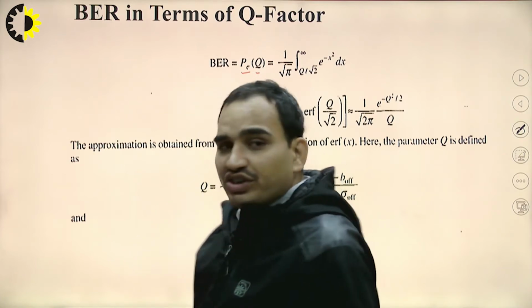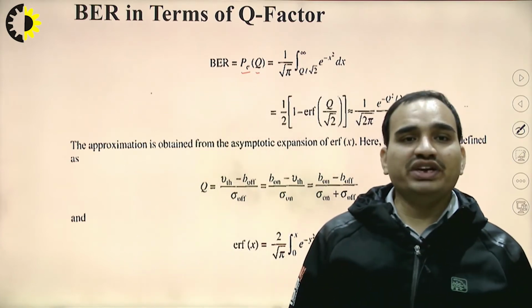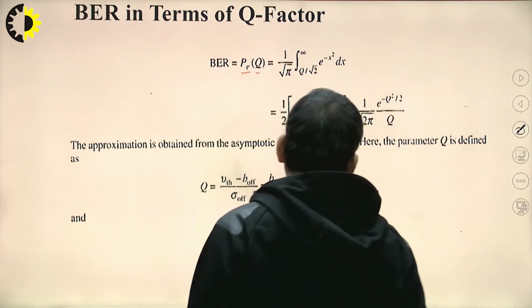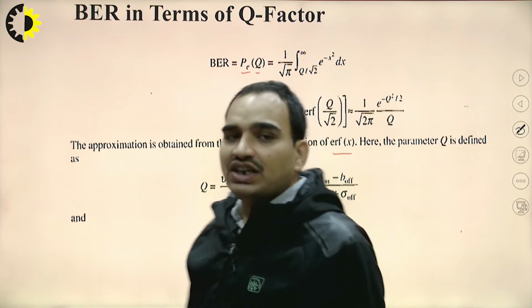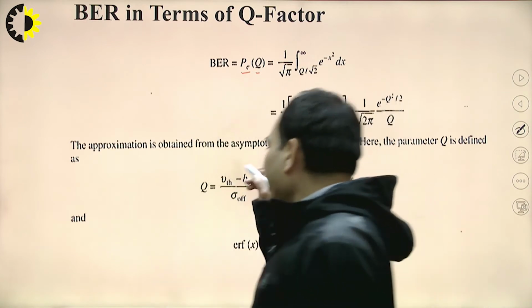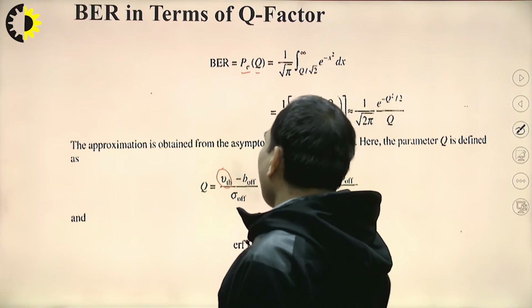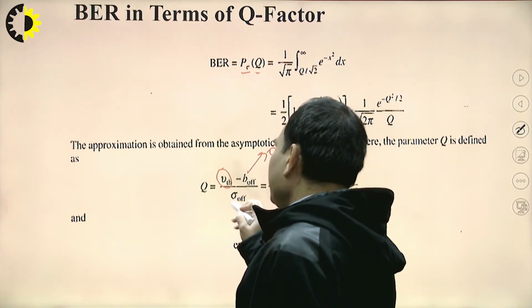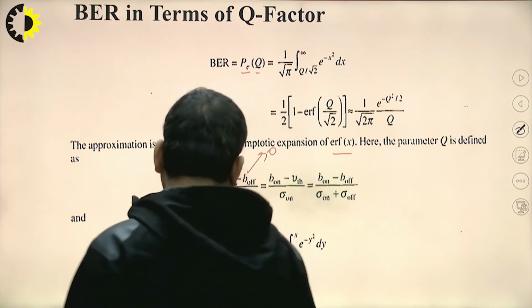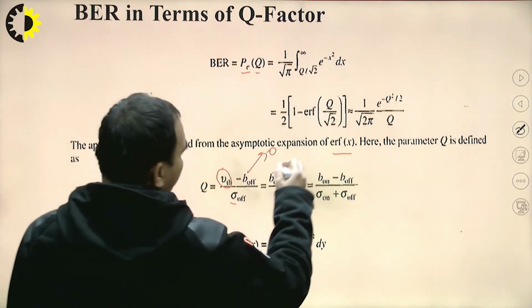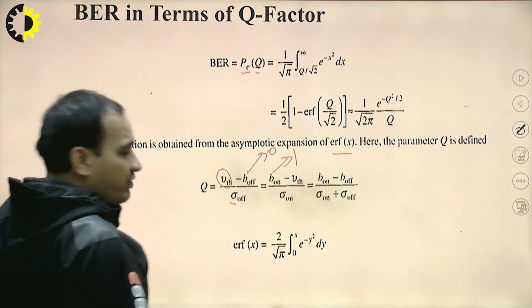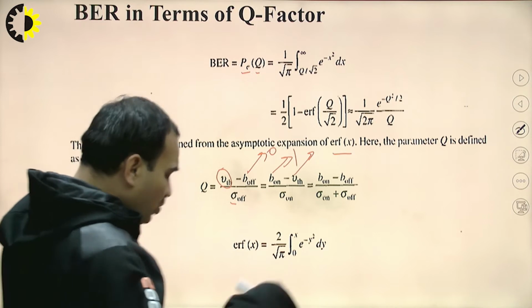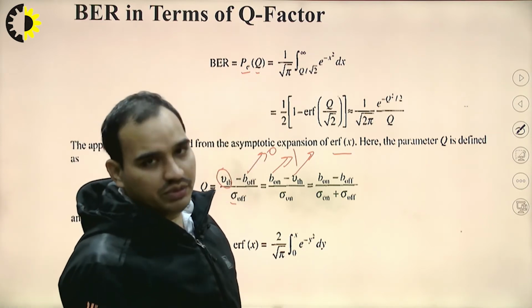The approximation is obtained from the asymptotic expansion of the error function, erf(x). Here the parameter Q is defined using the threshold voltage minus the bit off level, which is 0, divided by the variance of off. We can calculate similarly for bit on, which is level 1. If you are taking 0 and 1, the threshold voltage will obviously be 0.5.